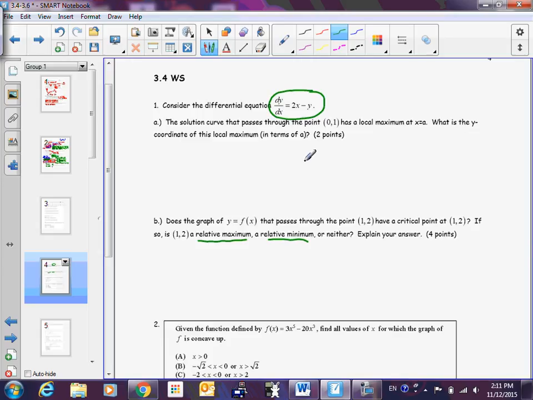Implicit. We have not done sign charts with implicit. This is 2 variables. We actually can't make a sign chart with this. There is a way to kind of force that to work, but it's so much easier to use the second derivative test here.